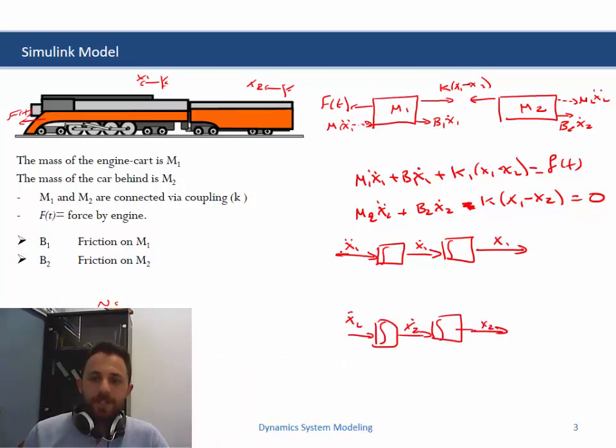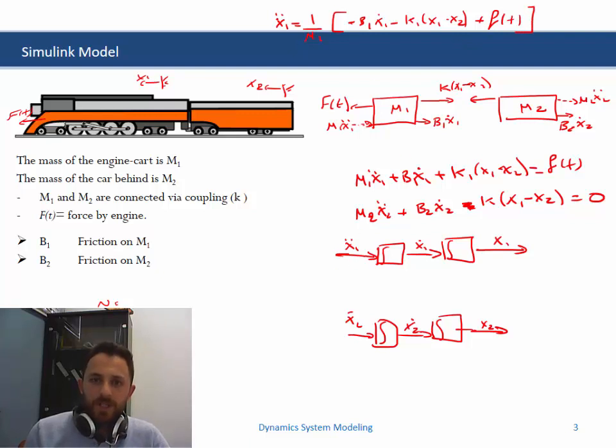Now we want to determine x1 double dot. x1 double dot is equal to 1 over m1, open the bracket, minus p1 x1 dot minus k(x1 minus x2) plus f of t.